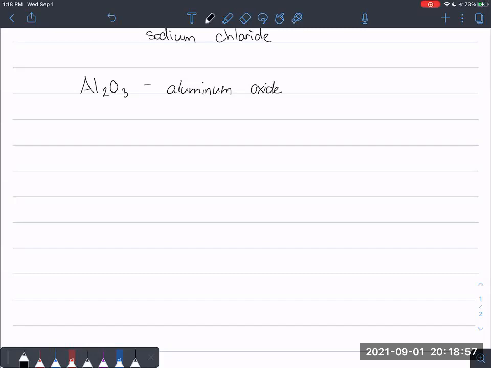So 1A metals, lithium, sodium, potassium, rubidium, cesium, they form +1 ions. 2A metals, beryllium, magnesium, calcium, strontium, barium form +2 ions. Aluminum is always a +3 ion.